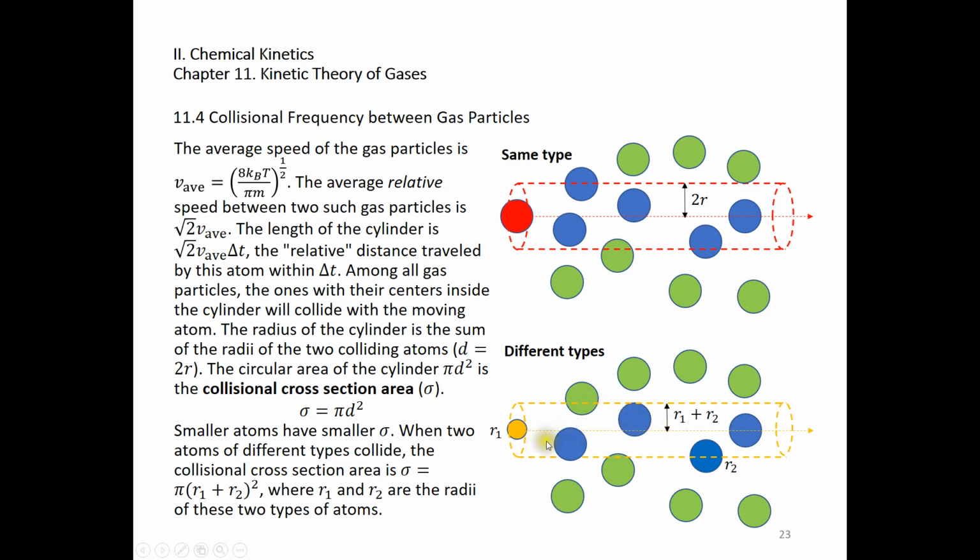And in this picture, assuming this yellow sphere, the smaller one, is moving from left to right, it's about to collide with only 4 spheres. Over here 5 spheres. Over here 4 spheres. And why is that? You can see this radius is smaller than the radius of the red sphere, and therefore we have a thinner cylinder.